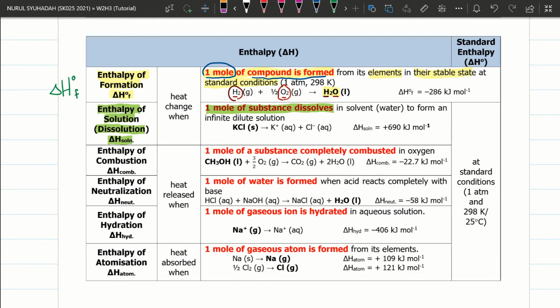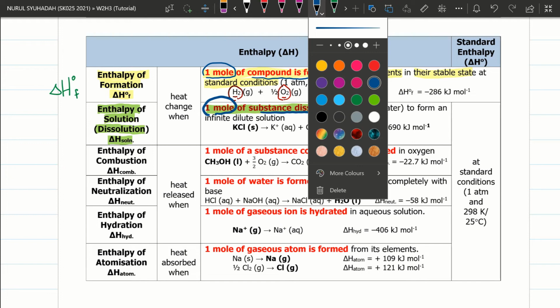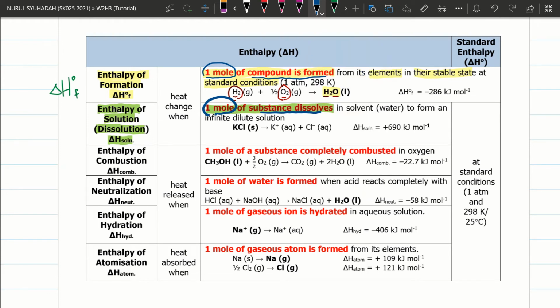The 1 mole here is for the substance dissolved, so you need to focus on that. Our substance here is the reactant, KCl, and it must be solid because it is dissolved in solvent. It is either solid or liquid, but usually only solid.